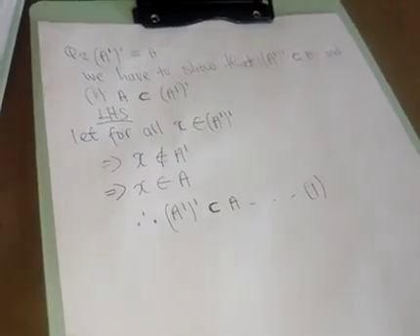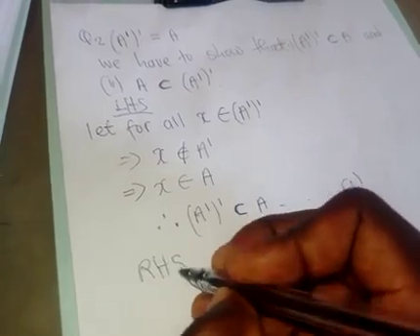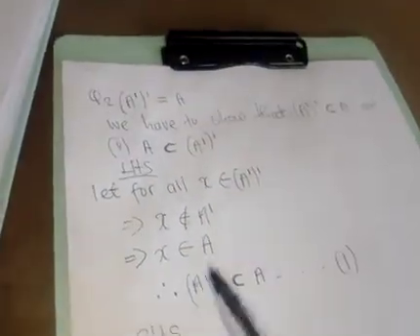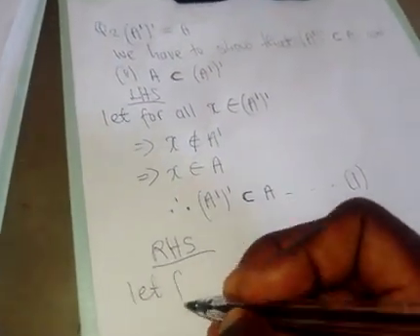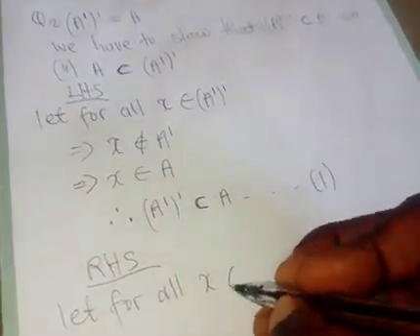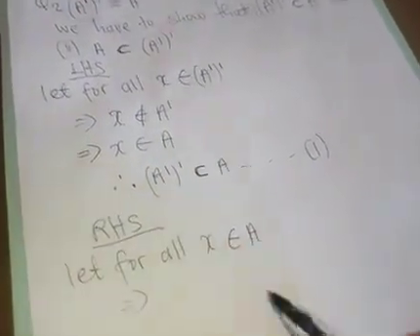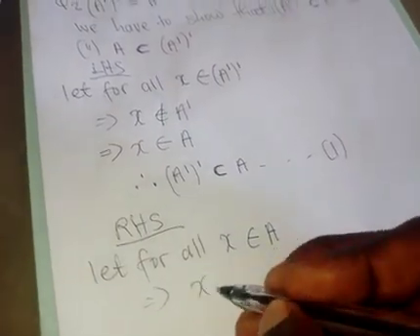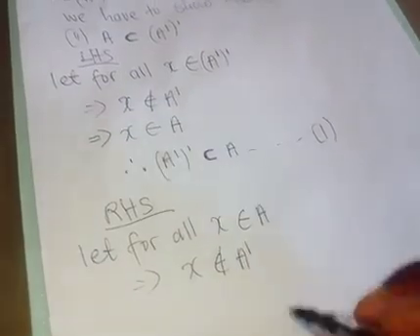Then we can say conversely, right hand side. We do the same thing for the right hand side. We are starting with A. So you say let all x's be members of A. Then this will imply that if x is a member of A, we can say x is not a member of A complement.